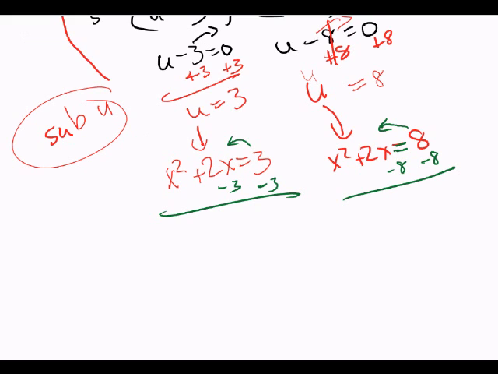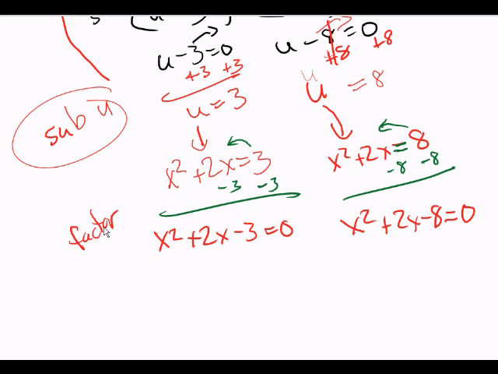I'm going to minus 8 to bring it over to the same side. And I am left with x squared plus 2x minus 3 equals 0. X squared plus 2x minus 8 equals 0. You see, I have two quadratic equations. And this is crazy. We had to find x, but we're going to factor again.